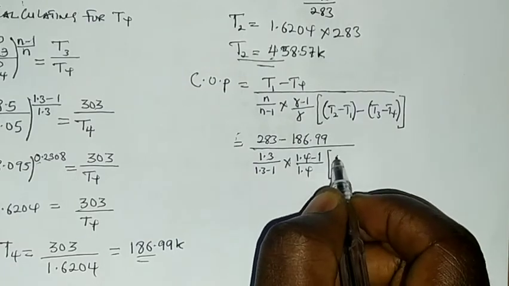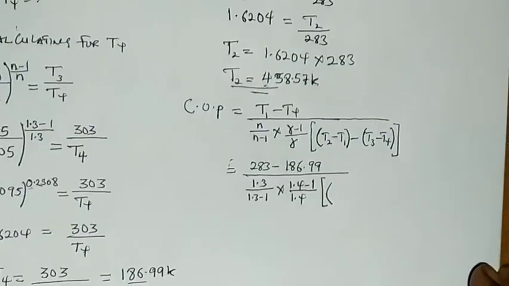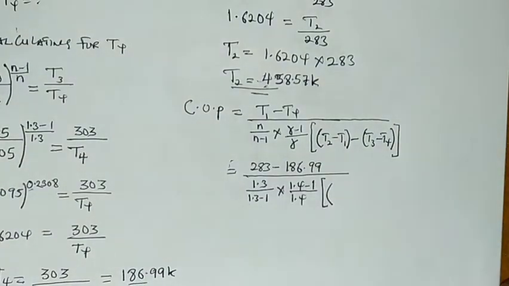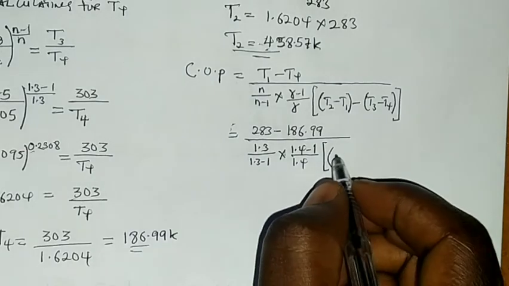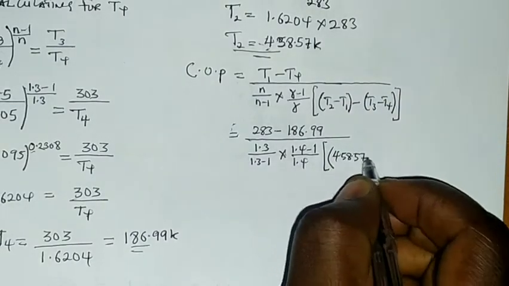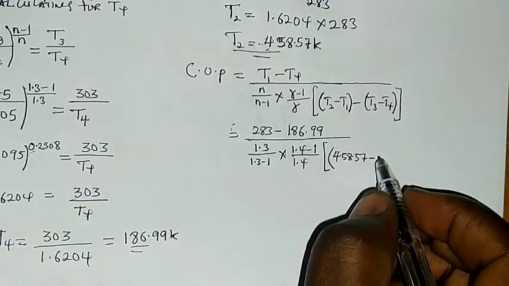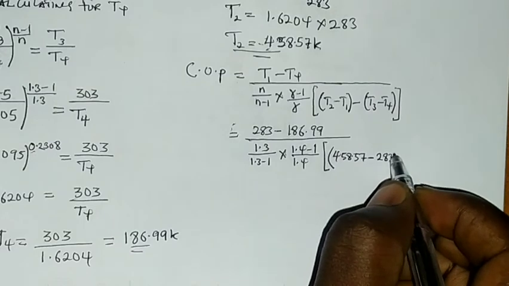Opening the bracket, T2 is 458.57, so 458.57 minus T1, which is 283.